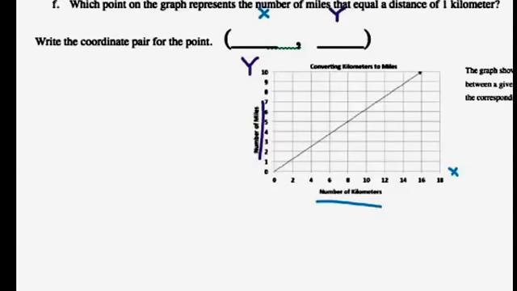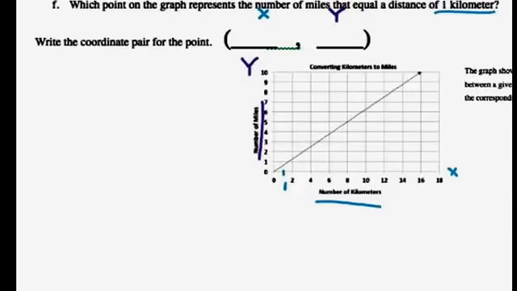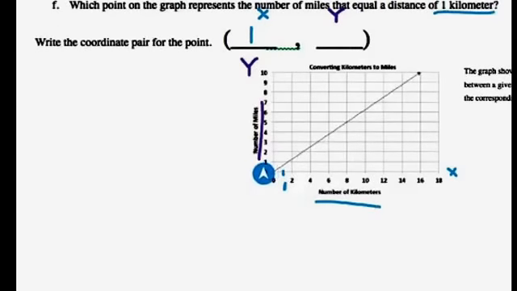So given a distance of 1 kilometer, that 1 needs to go into x's position in our coordinate pair. How do we determine what y, the number of miles, is? If there is a 1 on x, what will be on the y-axis?